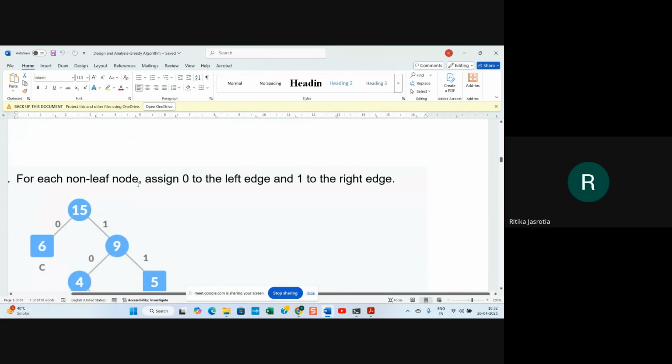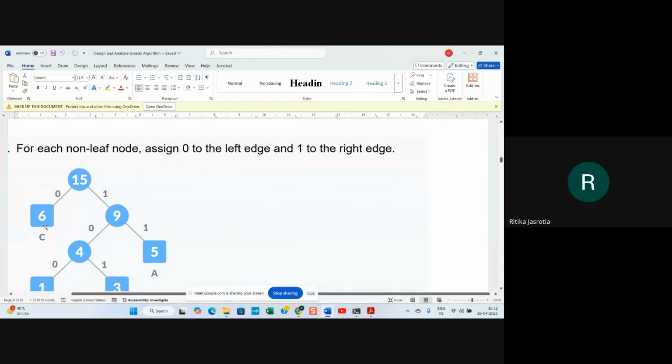For each non-leaf node, assign 0 to the left edge and 1 to the right edge. Non-leaf node means this 6 doesn't have any leaf node, so we will add 0. And the node which has leaf nodes, so 9 has a leaf node, we add 1 here.